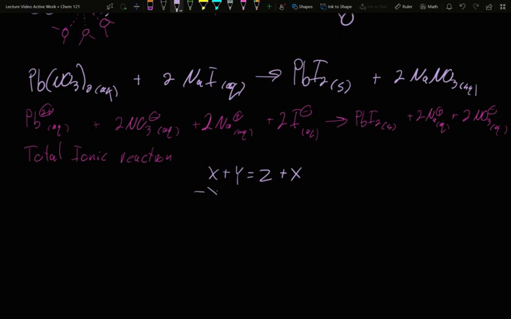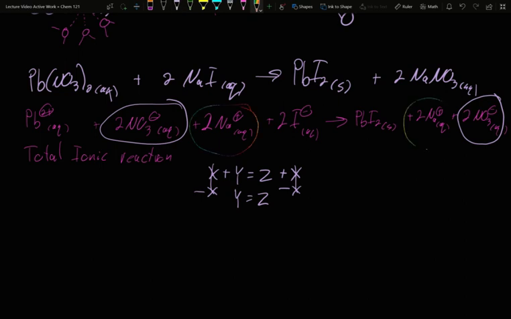So if I was to subtract x on both sides, what I end up with is y equals z. If you have a balanced reaction, this is true. Any ion that shows up on both sides didn't do anything. Well, I've got 2 nitrate aqueous and I have 2 nitrate aqueous. I've also got 2 sodium aqueous and I've got 2 sodium aqueous. They're on both sides. I can subtract them away. I can cancel them out.